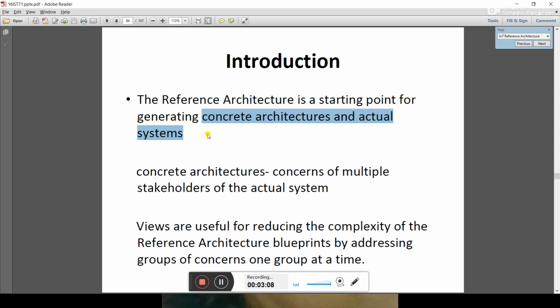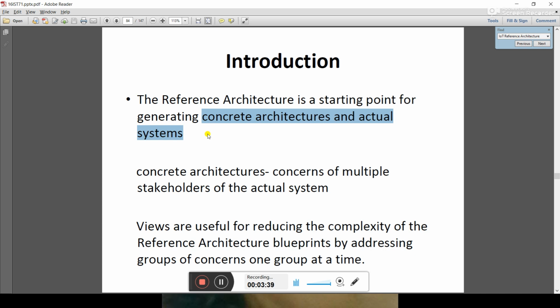Concrete architecture means how the system will be deployed in the provided area, how the data will be collected from this area, and how the system will be defined for the things.